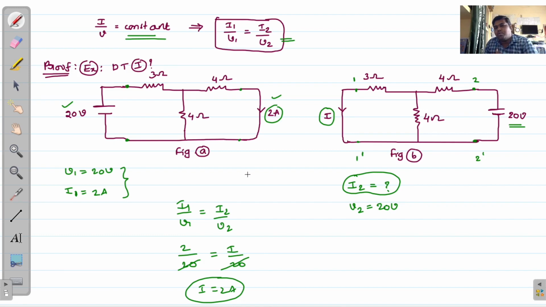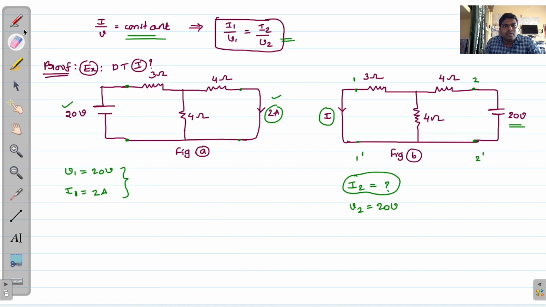But if you move on to the method, here I will consider it this time. Just now I will move on to the method, according to our R equivalent based calculations. Otherwise, you can go with the voltage division principle, otherwise the current division principle.